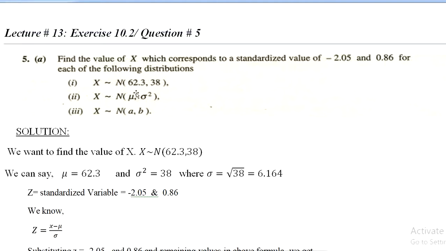We will just substitute the value of mu as mu and sigma as sigma in part 2 and simplify it to find the value of x. And in part 3 we will substitute a as the value of mu and square root of b as the value of sigma, because this is the value of sigma square.